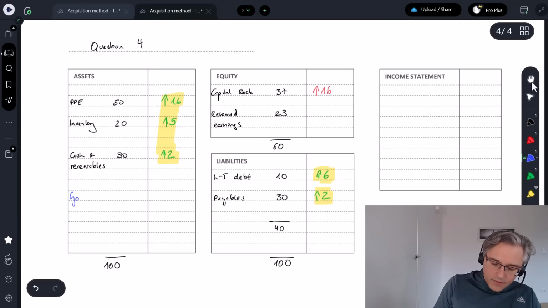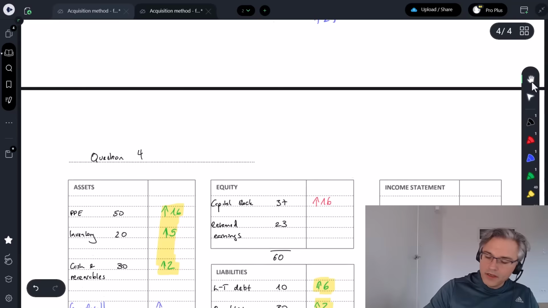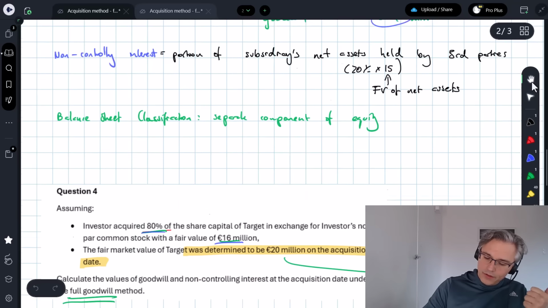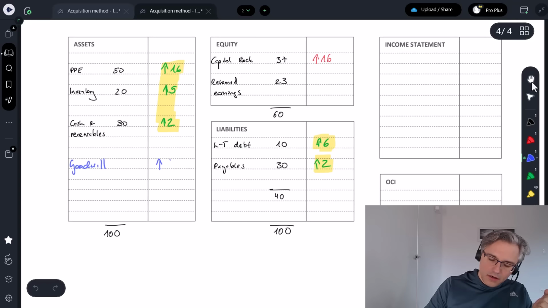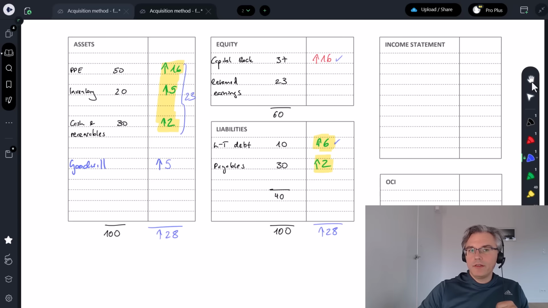But now I'm saying that goodwill is not what we had before, because in the previous question we had 4. Now I just computed that goodwill to be 5 under the full goodwill method. So here record 5. 23 plus 5 gives us a gross of 28, and we're supposed to have the same gross on the other side, right? Thus far we've got 16 plus 6, 22. 22 plus 4, 24, right?